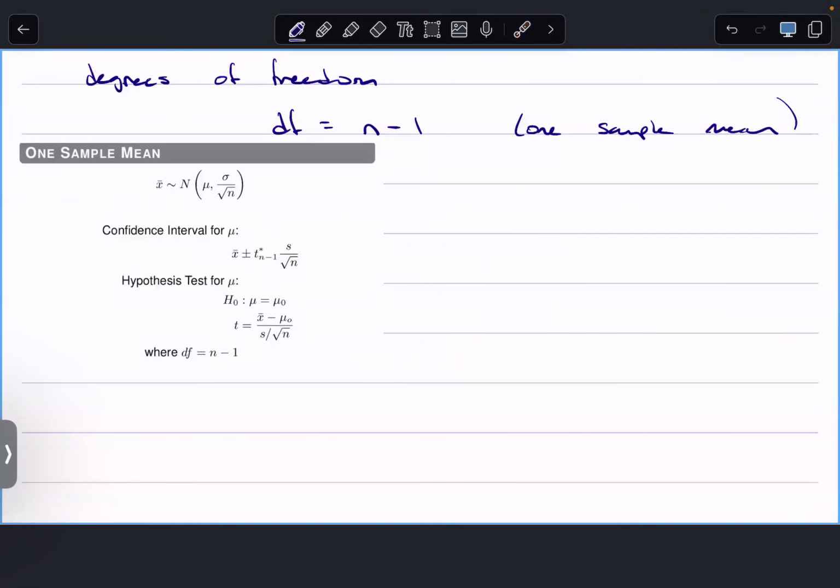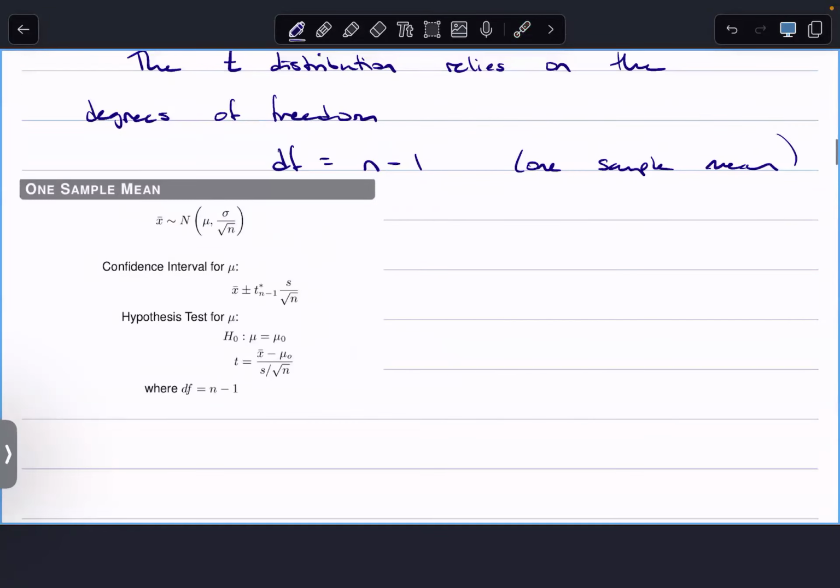Okay, so for our hypothesis test, we said that the null hypothesis is that mu is equal to mu naught, right? Where that mu naught is the same thing that we saw in the one sample proportion case. I just have one sample. I can't compare it to itself. That'd be weird. And so then I need to compare it to some value.